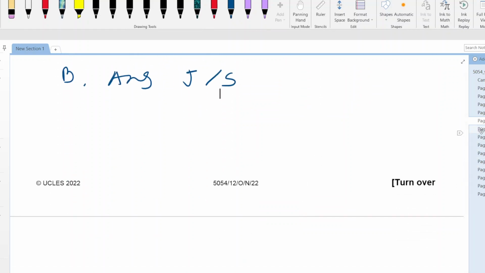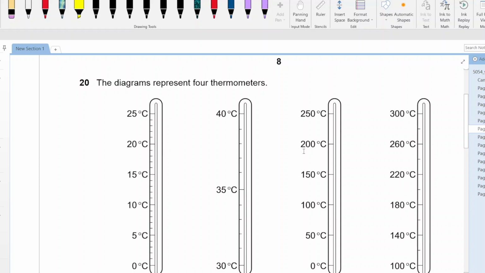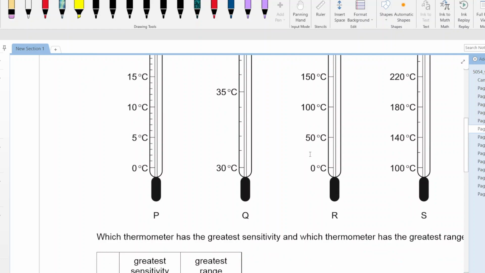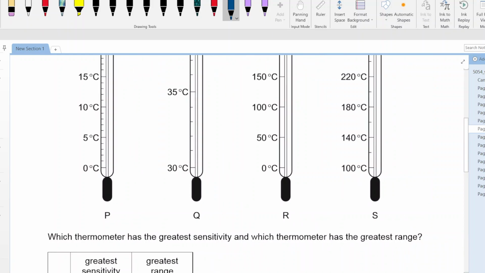Now I am at question 20. The diagram represents 4 thermometers. Which thermometer has the greatest sensitivity, and which thermometer has the greatest range?